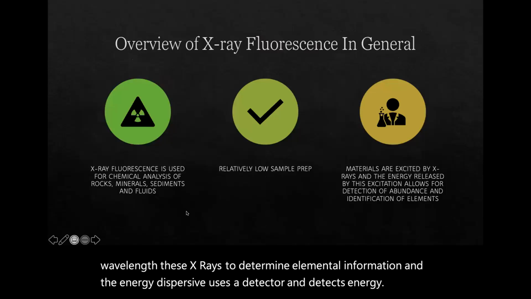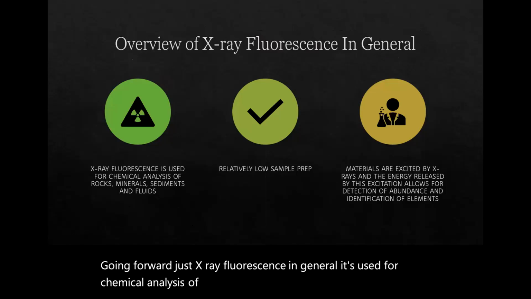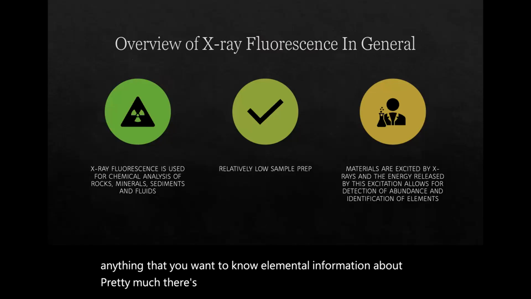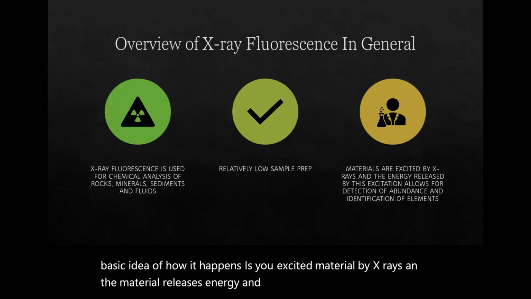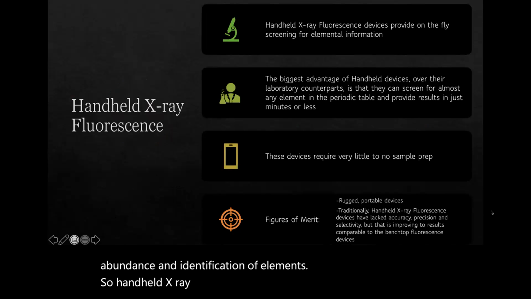Going forward, X-ray fluorescence in general is used for chemical analysis of rocks, minerals, sediments, fluids, and really anything you want elemental information about. There's relatively low sample prep, and the basic idea is you excite a material with X-rays, and the material releases energy, which allows detection of abundance and identification of elements. Handheld X-ray fluorescence devices provide on-the-fly screening for elemental information.